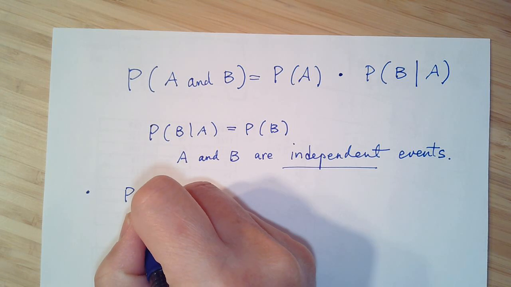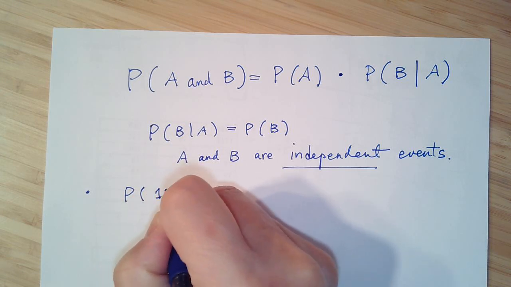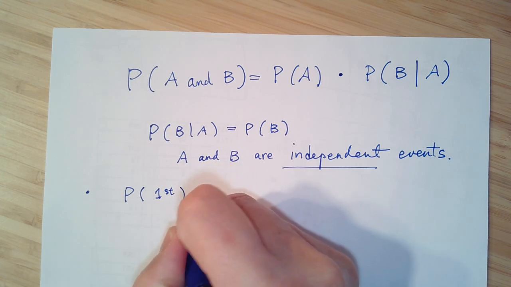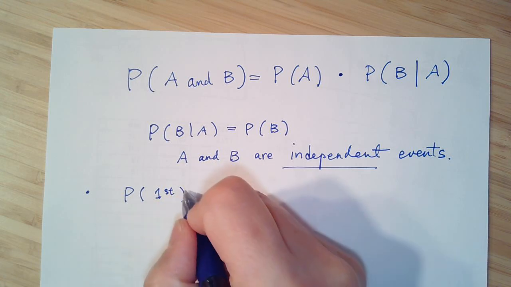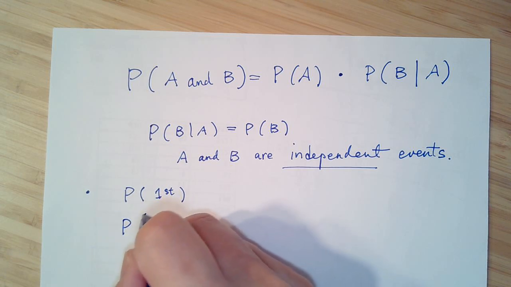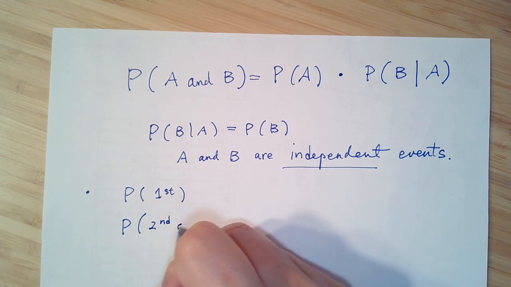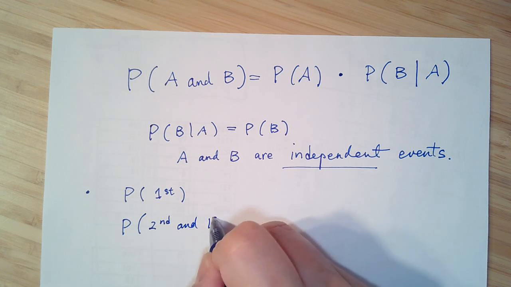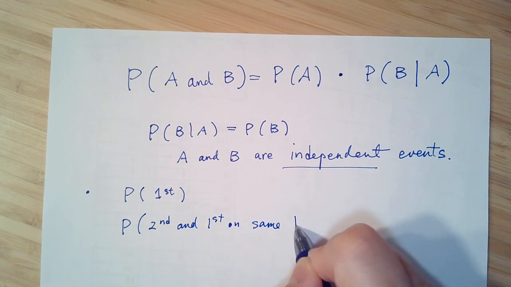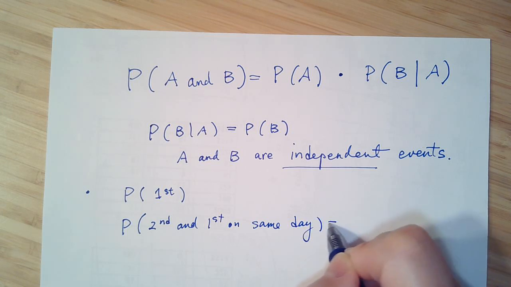The first student was born on a certain day. I don't care which day. And the probability that the second and first are born on the same day equals what?